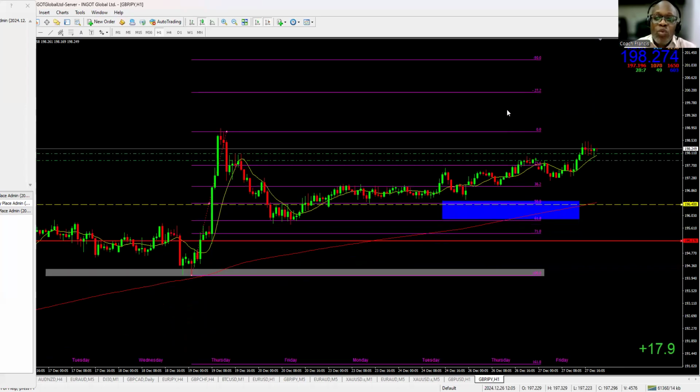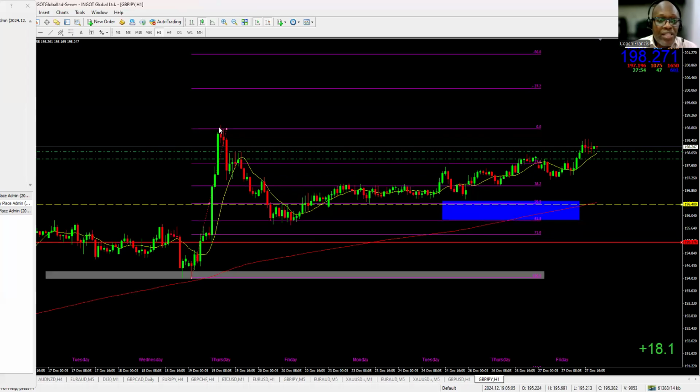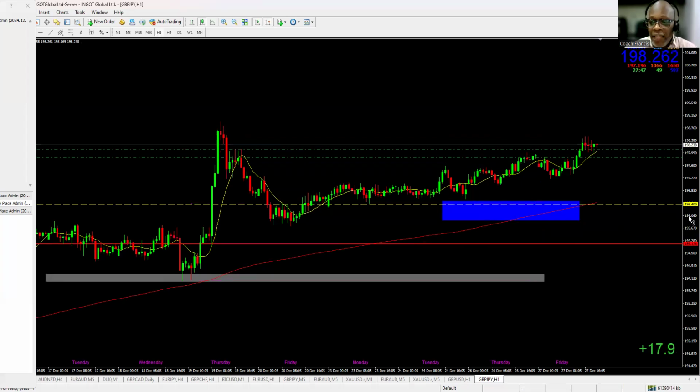I believe it will get here. So this could be one of your take profit targets, and this is another take profit target. If it decides to go higher, if you're going to trail it, then obviously it might go to that as well. So let's just leave this one here and quickly see an example of a sell.